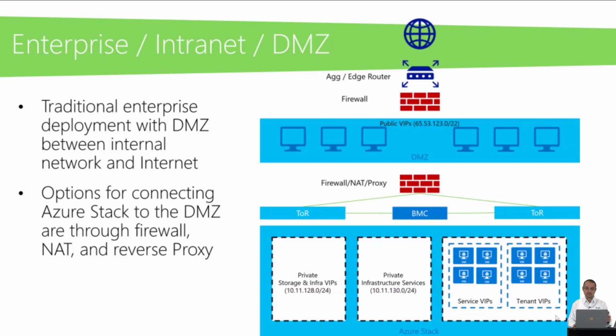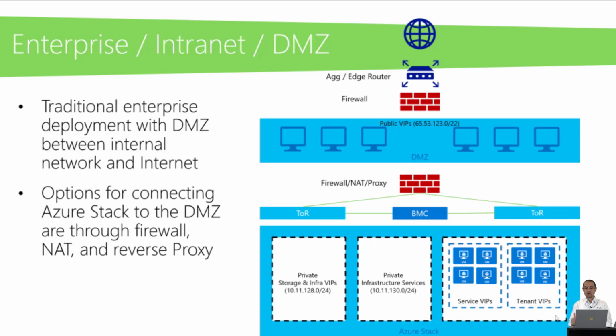If you look now at the enterprise scenario, in case you have a DMZ environment, like most enterprise organizations definitely do, we can deploy Azure Stack in a DMZ kind of architecture as well. Azure Stack is sitting in an internal network, and then you have the DMZ and then the edge router. In this case, what we need to look into is the NATing portion. So if you see over here between the DMZ and the internal network, we have a firewall, which does the NATing for us.